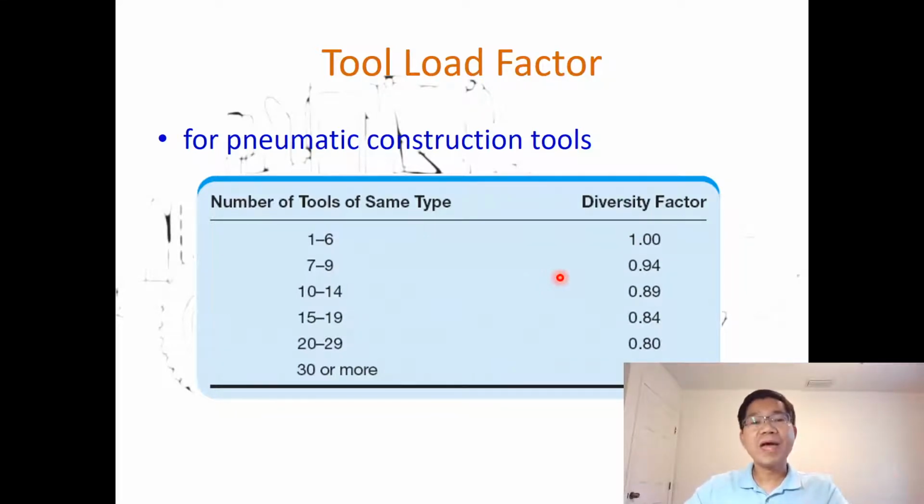But if you have more than 6, let's say 10, then most likely not all 10 handheld drills are used at the same time, so we have to adjust. The demand may be reduced by about 11%, so we adjust with a diversity factor of 89%. Similarly, depending on the number of tools at the same time, you need to adjust for the diversity factor.